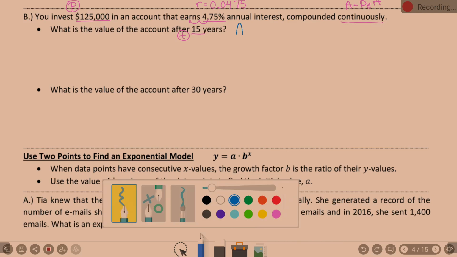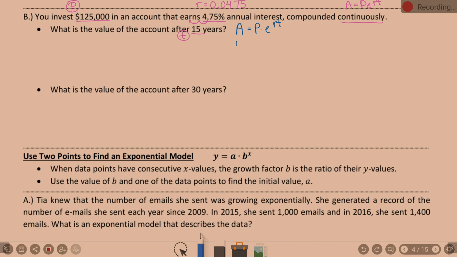A equals P times e to the rt. P is 125,000 times e to the 0.0475 times 15.